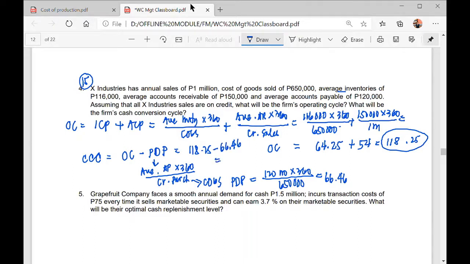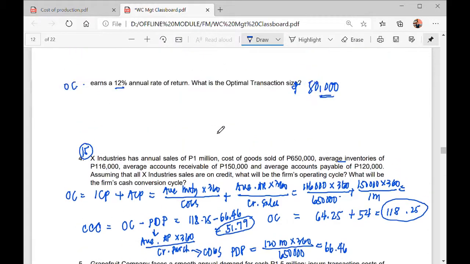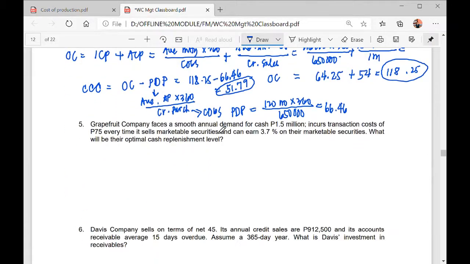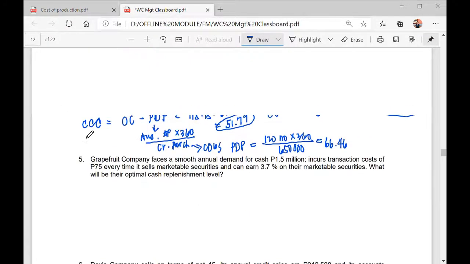So our answer is, okay, very good. That's correct. So here are our final answers, 118.25 and 51.79. Okay? Any questions so far? Okay, none. So, okay, you are able to compute.